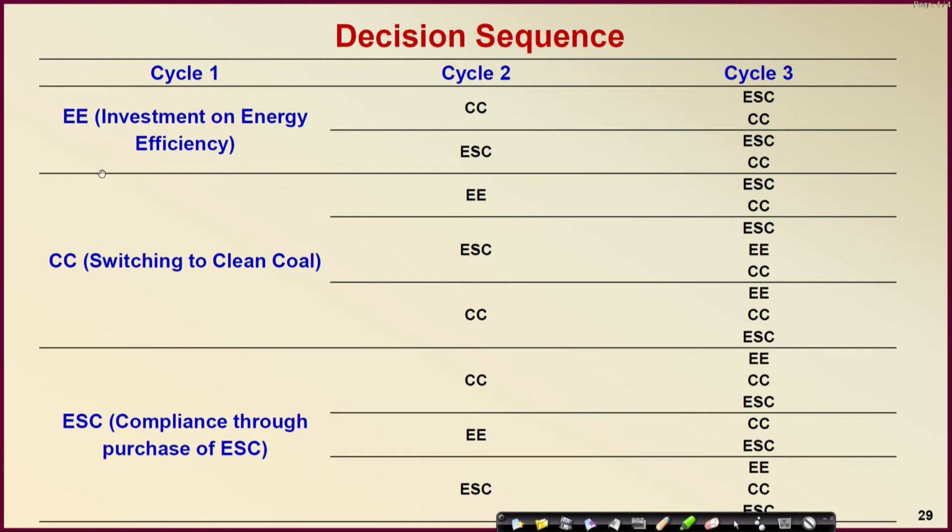So, EE means actually investing in energy efficiency, bringing technological change in the company, or switching to clean coal, which is an easier way, which I was just telling, or buying certificates, right, do not do much. So, these are the three choices. So, you see, if you have already gone for EE, then you have the CC and ESC choice.